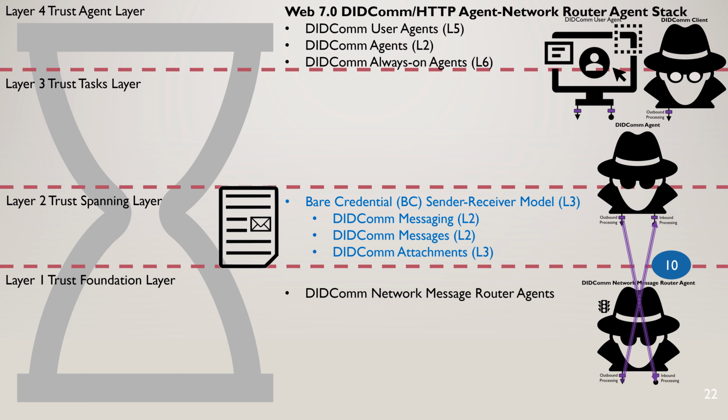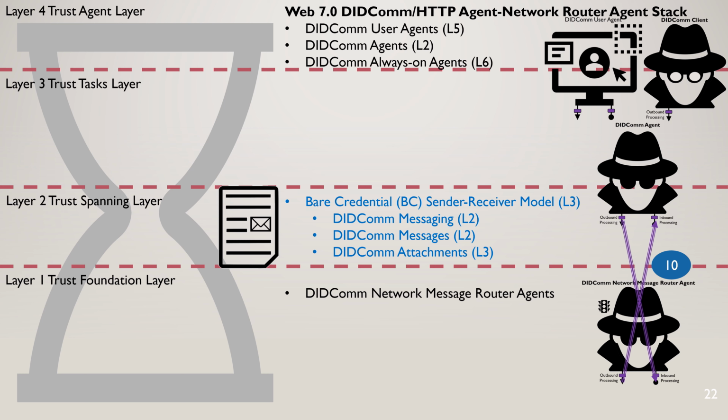Once messages are forwarded to that DIDComm network message routing agent at the bottom, the messages are in the network. And it is a network of one or more network message routing agents that perform that intelligent message-level routing capability.